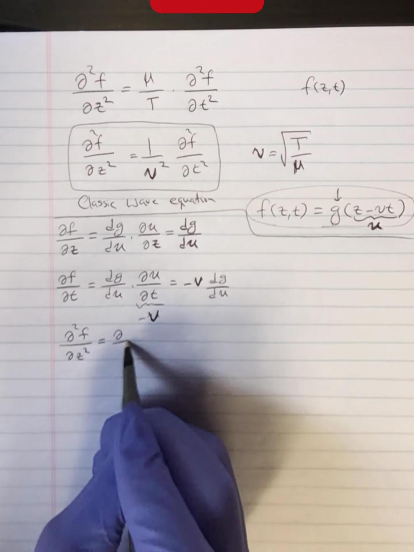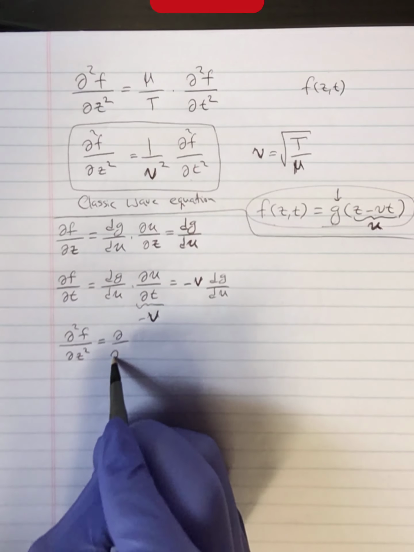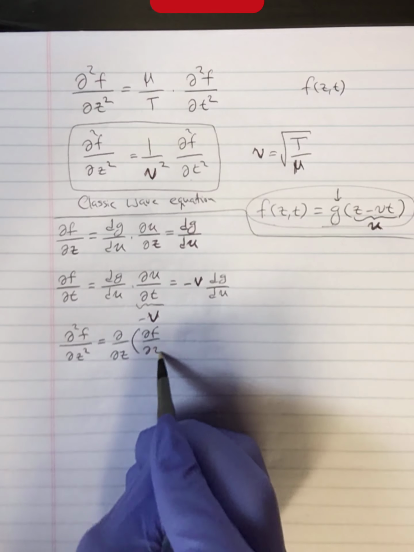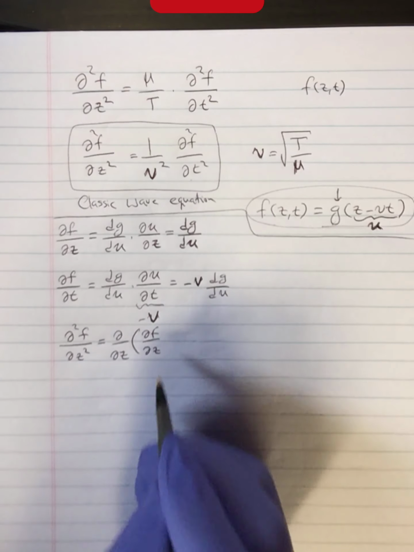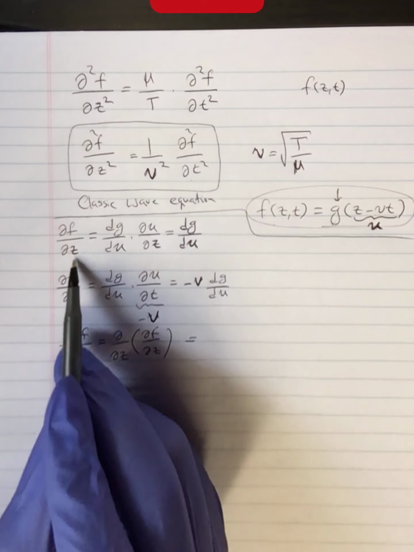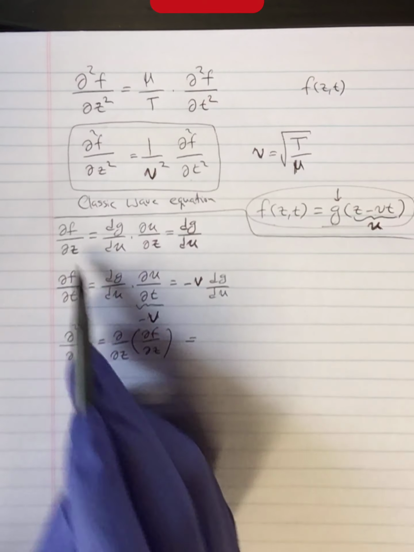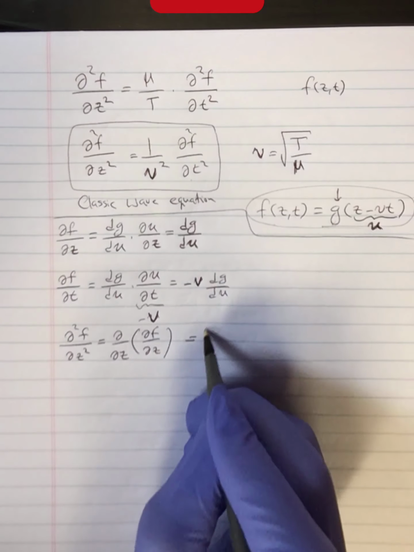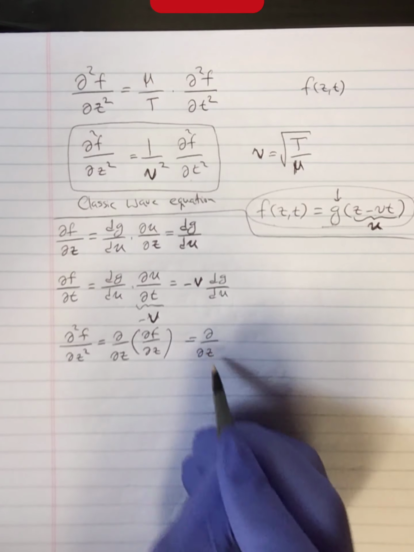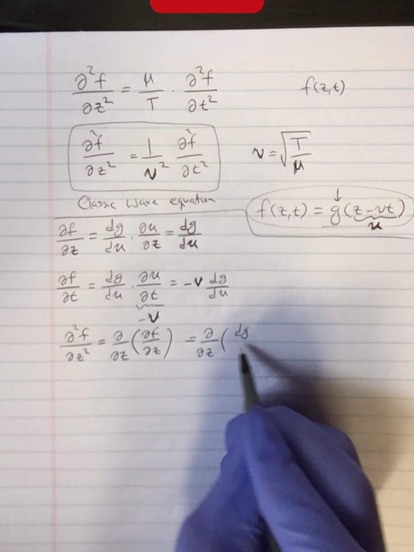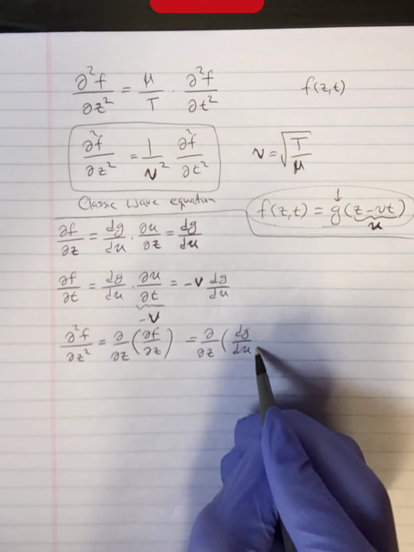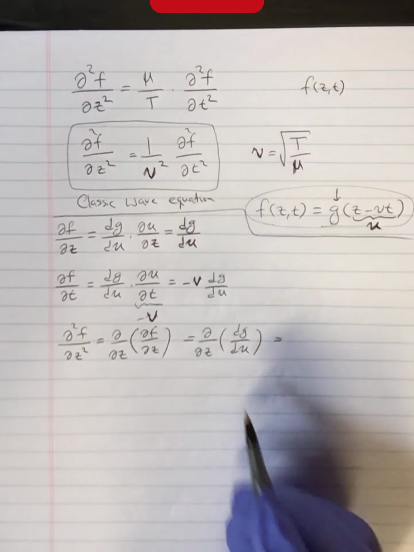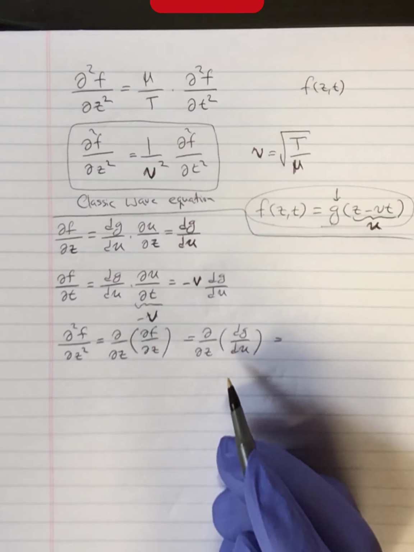I can write it in terms of d over dz of df over dz. But up here we find that df over dz is dg over du. So I write that as d over dz times dg over du. And now we use exactly the same chain rule.